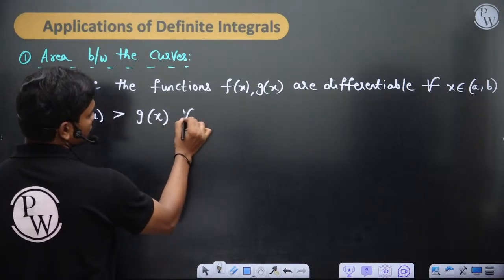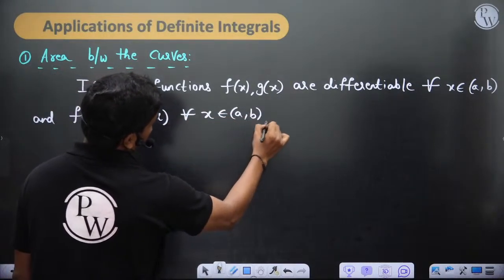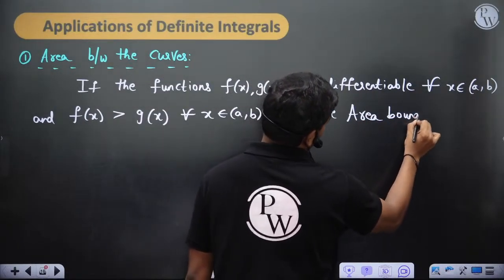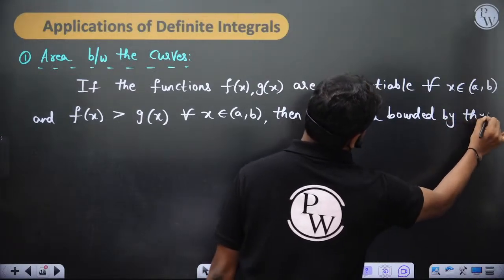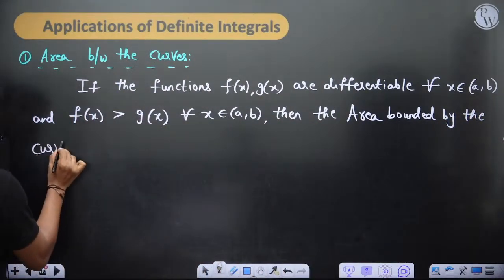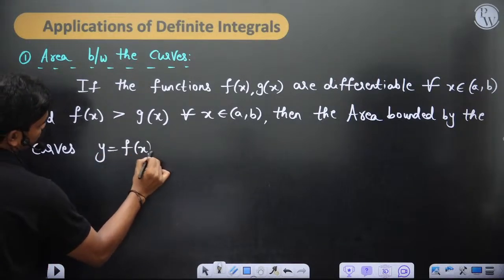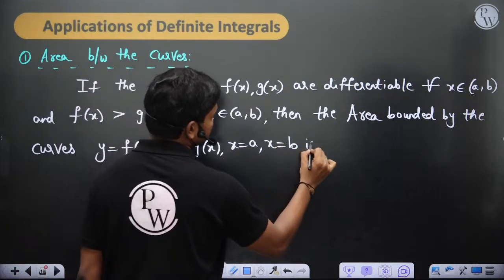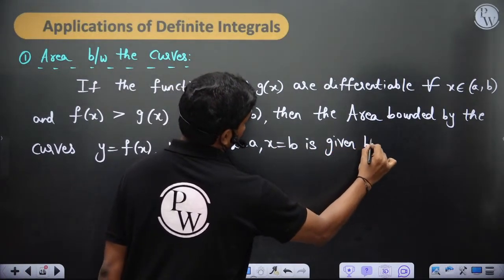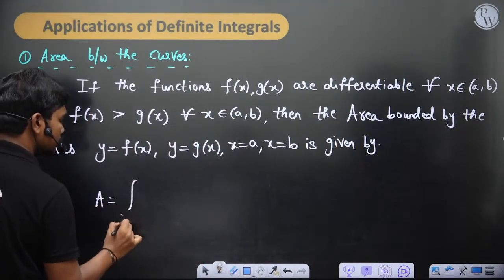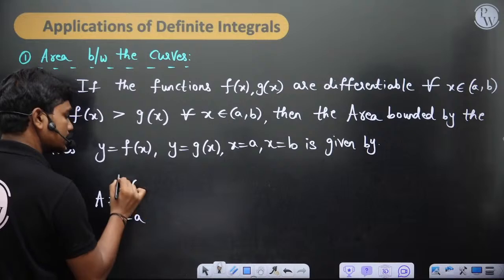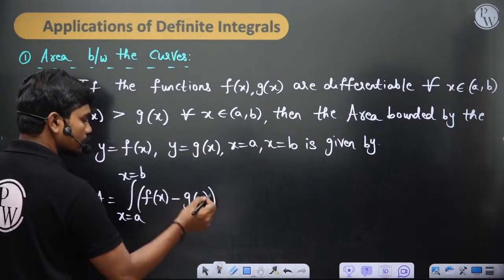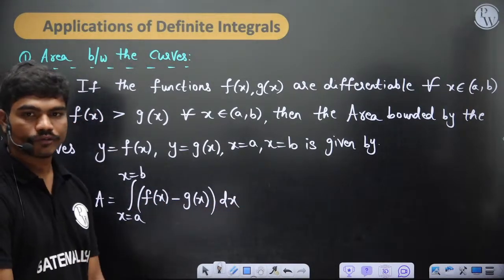If f of x is greater than g of x for all x, then the area bounded by the curves y equal to f of x, y equal to g of x, x equal to a, x equal to b is given by A equal to integral from x equal to a to x equal to b of f of x minus g of x dx. So it's a single variable integration.